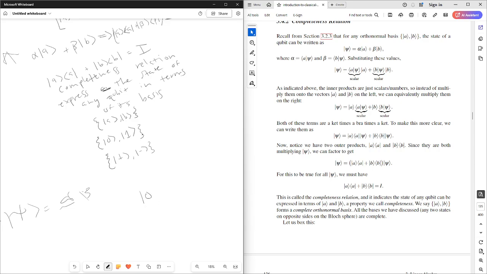So let's say we have the z basis. So we can rewrite this. We can rewrite psi as the outer product of 0 with itself plus the outer product of 1 with itself, times psi.